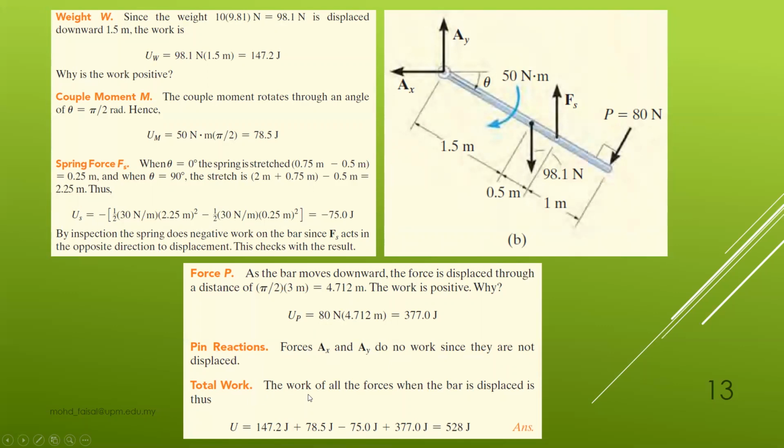Then total work, the work of all the forces when the bar is displaced, is like so. So you have to first take this one, that is equal due to the weight, up here. Then 78.5 is from the moment. And this one due to the spring. And the last part here is due to the force P. So basically, there are four items that you have to take into account to solve this particular problem.